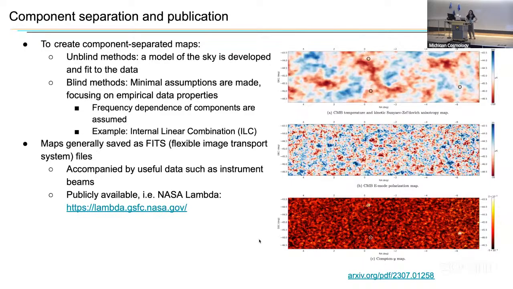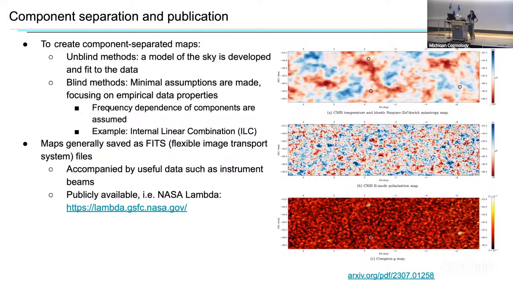In order to component separate your maps, you can use either blind or unblind methods that all result in component separation, but either rely on models of your data or minimal assumptions and empirical data properties. The example that best approximates the ACT data is going to be this internal linear combination approach, which is one of these blind approaches.